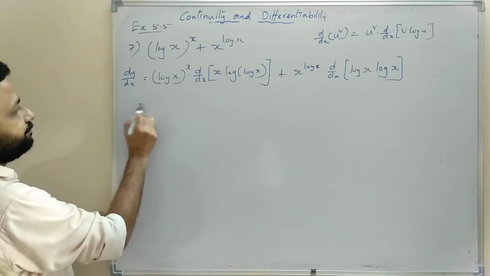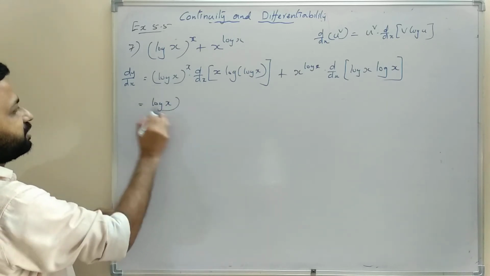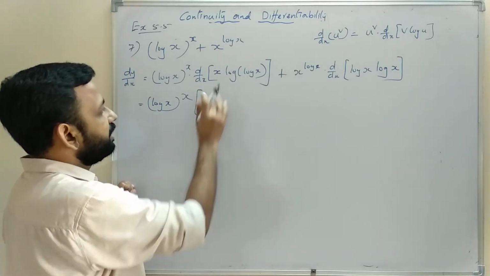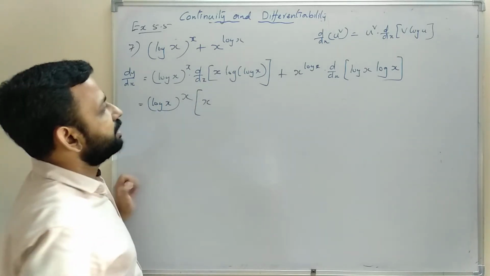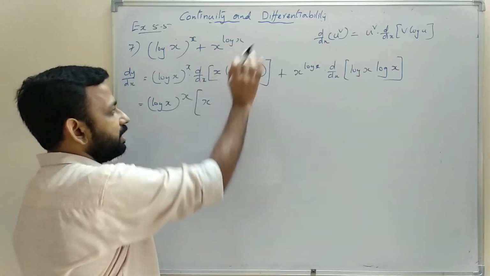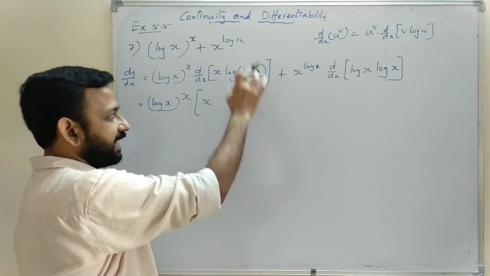So here log x raised to the power x. Now we can apply product rule here. First function x into derivative of log x. Derivative of log, here we have two functions, log, then again log.